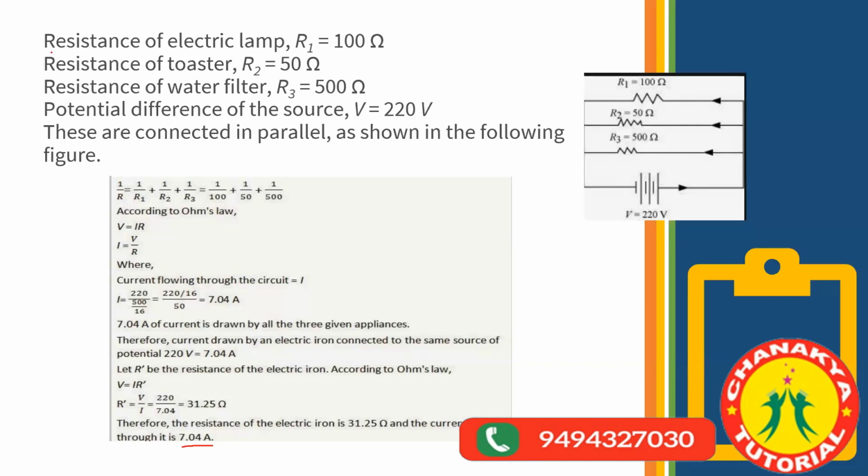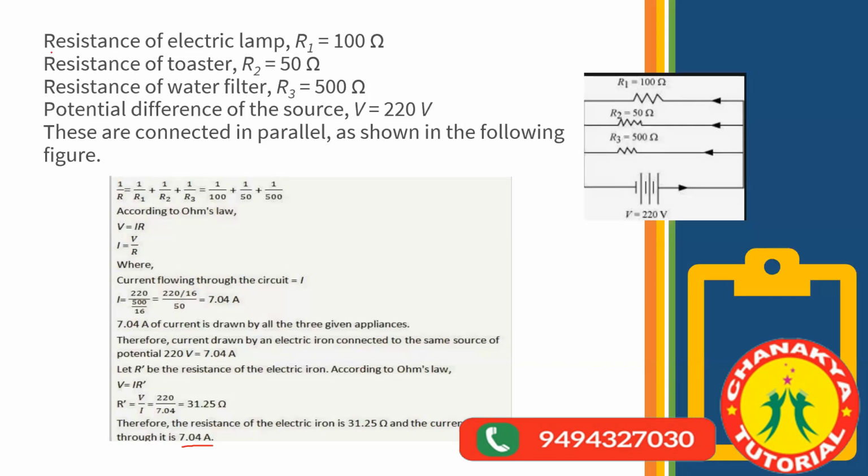Therefore, current drawn by an electric iron connected to the same source of potential, 220 volts, is 7.04 amperes. Let R be the resistance of the electric iron. According to Ohm's law, V equal to IR, so R is equal to V divided by I, which is 220 divided by 7.04, equal to 31.25 ohms.